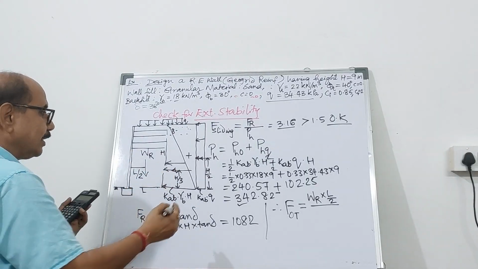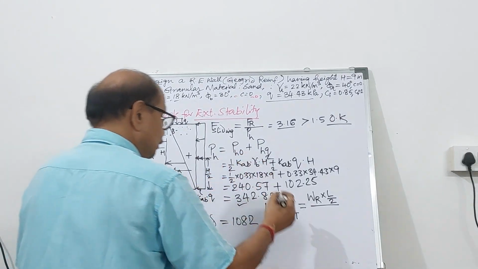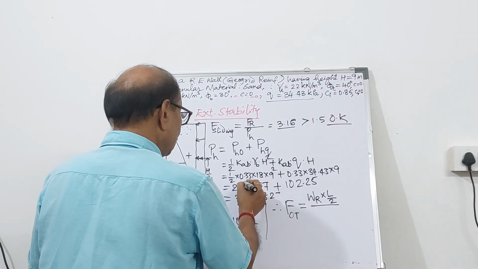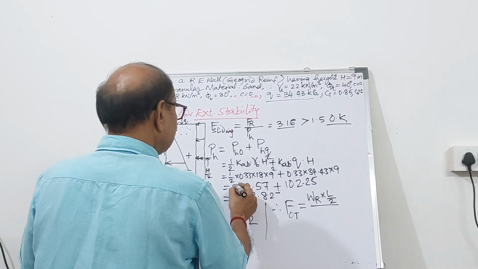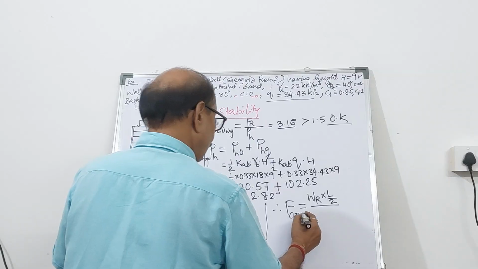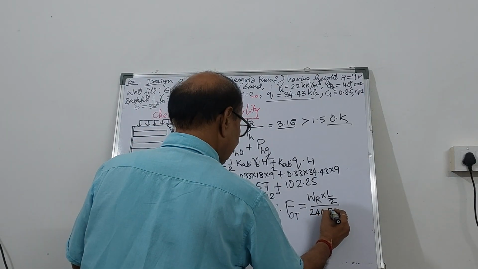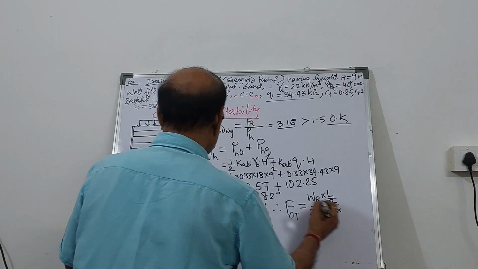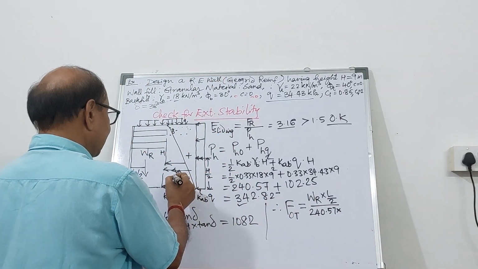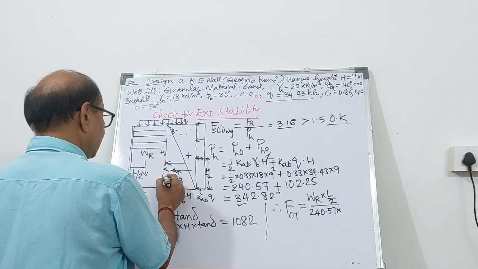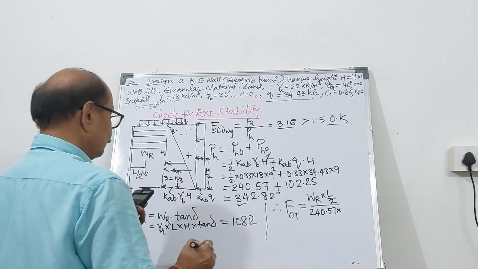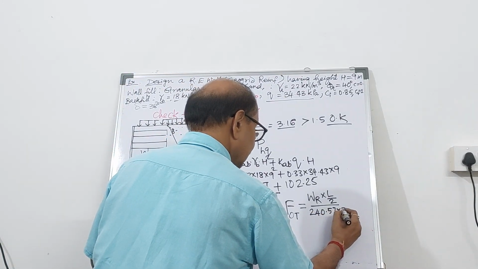So this will be acting PHO, which is 240.57 and acting at H by 3. So this becomes 3 meter. So into 3.